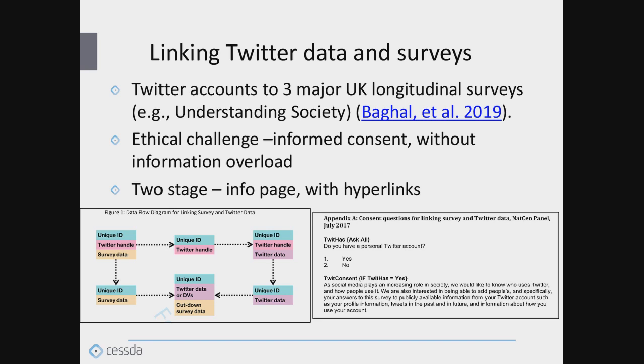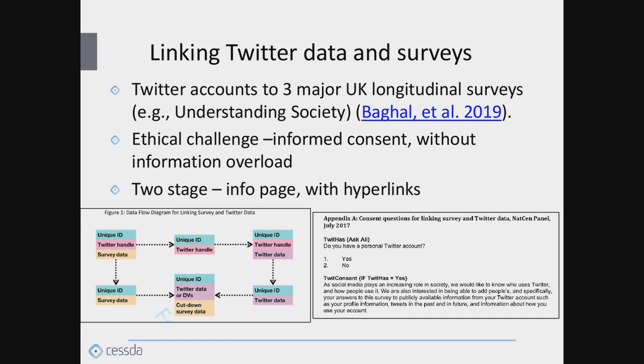But nonetheless, a key ethical challenge here is this balance between informed consent and information overload. The more complex our projects get, the more longitudinal, the more data formats, and of course trying to get consent across the research lifecycle, from collecting to using to archiving to sharing. Balancing informed with preventing overload is difficult.